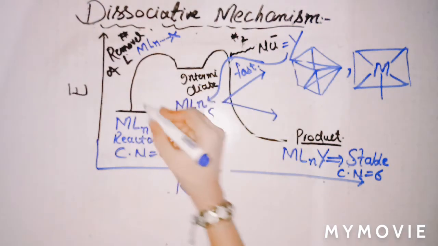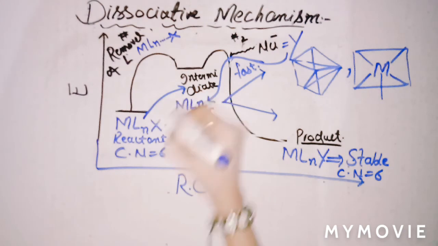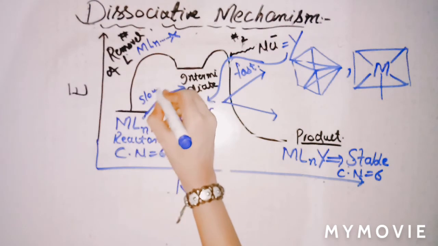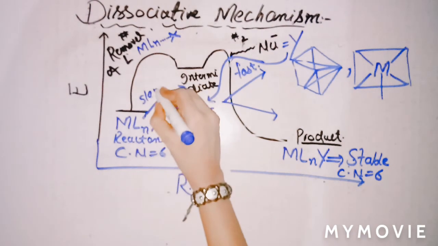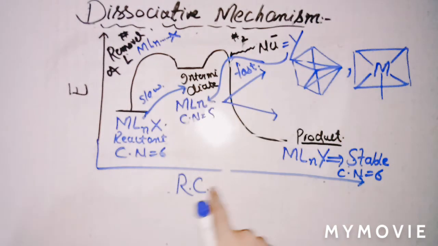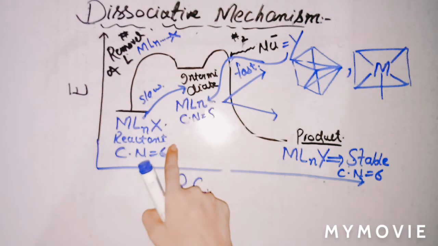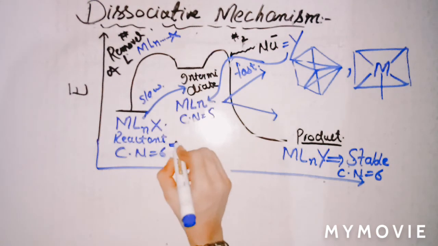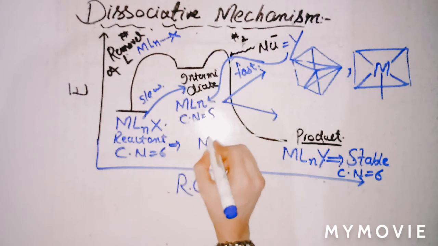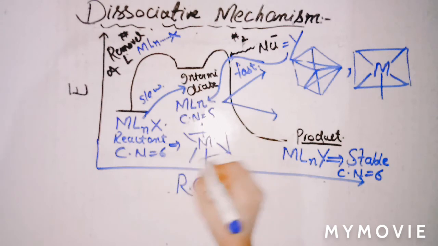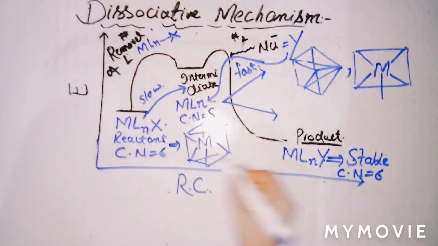The formation of the intermediate from the reactant is the slow step. That's why the reaction doesn't depend upon the concentration of incoming ligand, but depends upon the concentration of the reactant that has octahedral geometry. And the final product also has octahedral geometry.